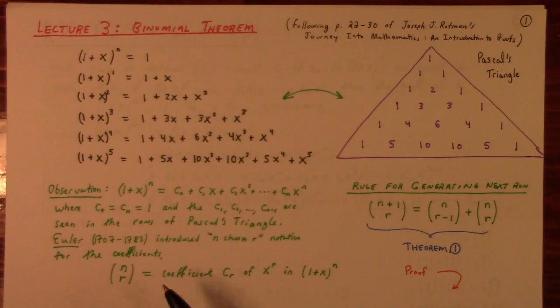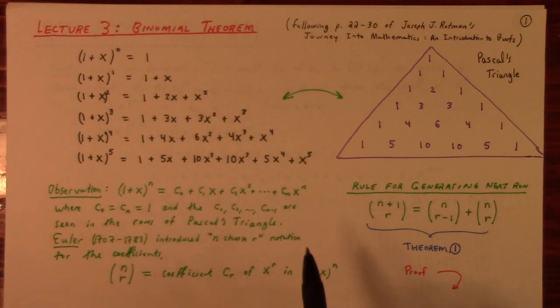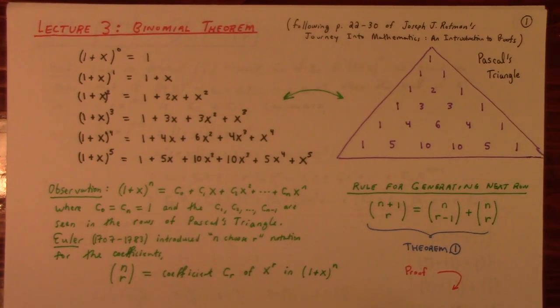So for example, if I look at 1 plus x to the 5th, it has a coefficient of 5 next to x to the 4th. So 5 choose 4, is how that's read, is equal to 5.